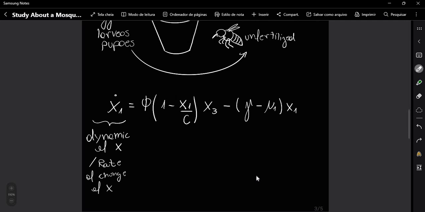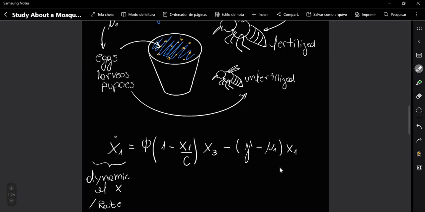This is why we multiply x3 by this rate, and we subtract gamma, and gamma is also subtracted by mu1.